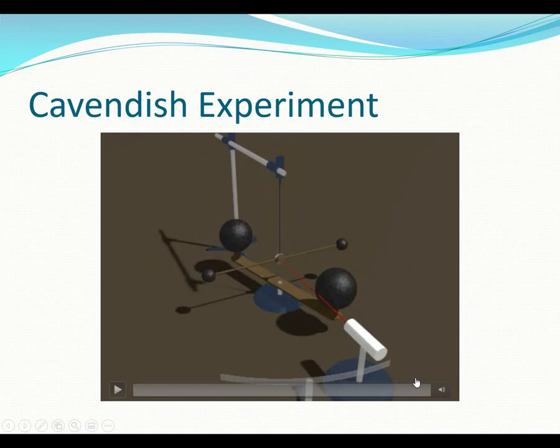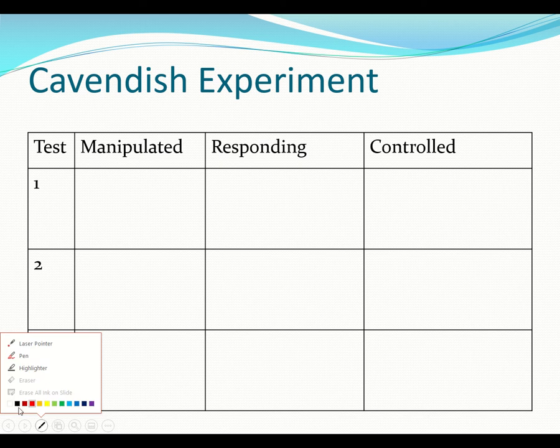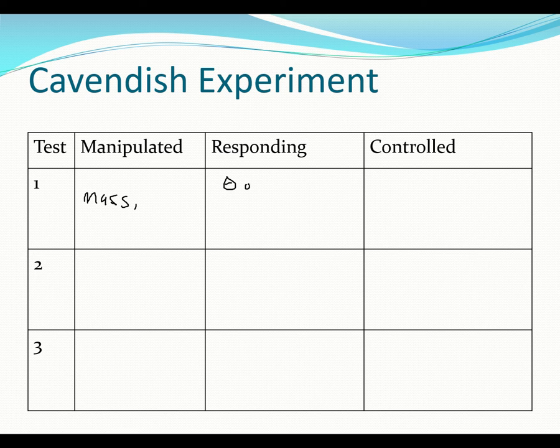Okay. So what Cavendish did in his experiment is he manipulated three different things. The first thing that he manipulated was mass 1. And what he was testing was what that angle of twist was. And from that angle of twist, you were able to find out a force, right?